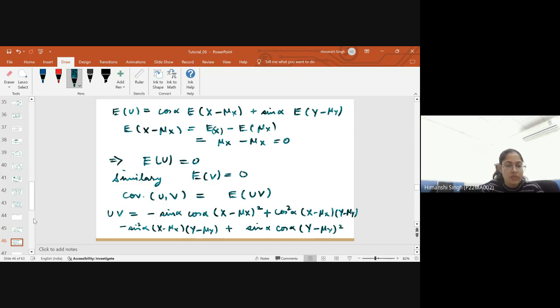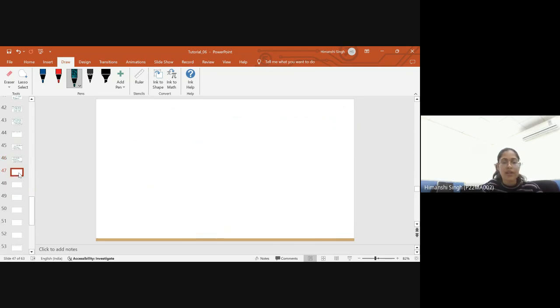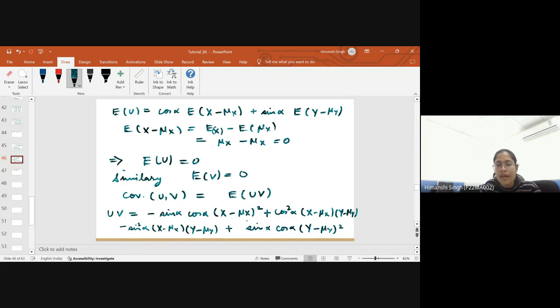So we will be using some of the trigonometric identities, that is sine 2 alpha is equal to 2 sine alpha cos alpha, and cos 2 alpha is equal to cos square alpha minus sine square alpha. Yeah, so we will be using this. So here if I take this sine alpha cos alpha common, then we need to find the expected value of uv here.